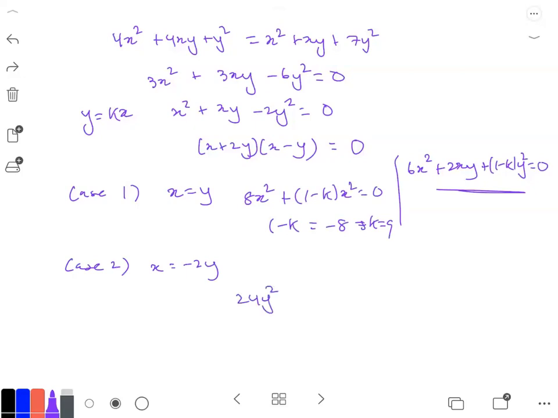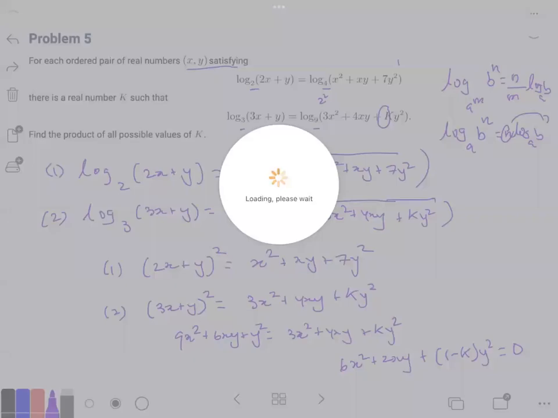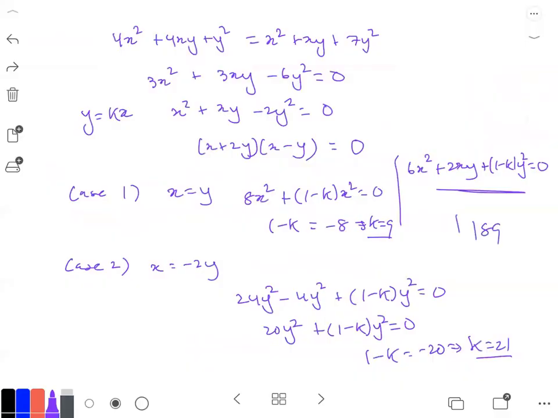Let's plug in what we have. 24y squared minus 4y squared plus 1 minus k y squared is equal to 0. 20y squared plus 1 minus k y squared is equal to 0. 1 minus k, therefore, is equal to -20. k is equal to 21. So we have k equal to 21 and k equal to 9. The problem asks for the product of all possible values of k. That's 189. And we are done.